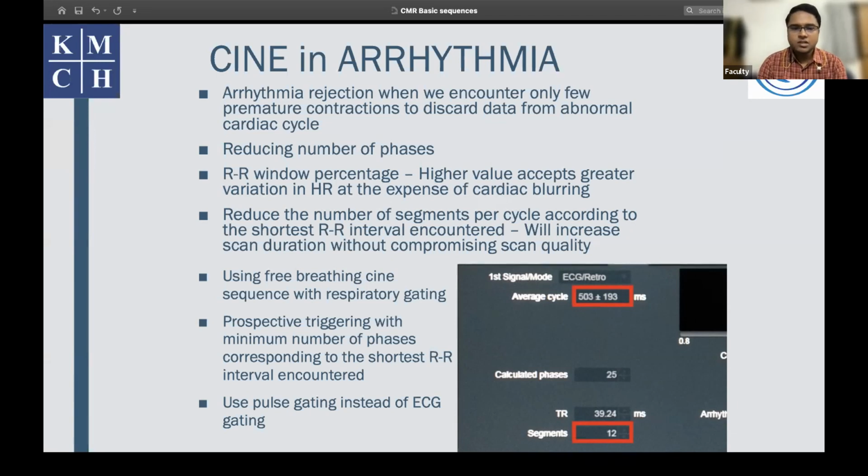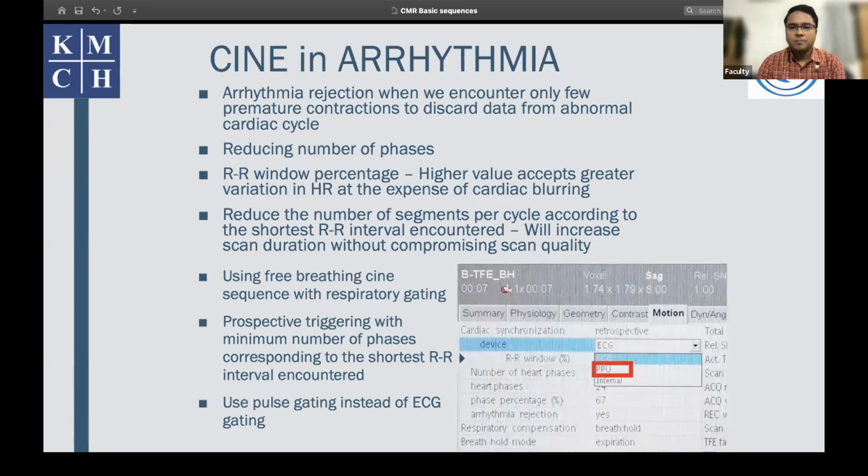The other option is to use prospective triggering instead of retrospective gating. In prospective triggering, we determine the shortest RR interval that we are encountering in the arrhythmia and image only the initial part of the cardiac cycle to generate a cine image.